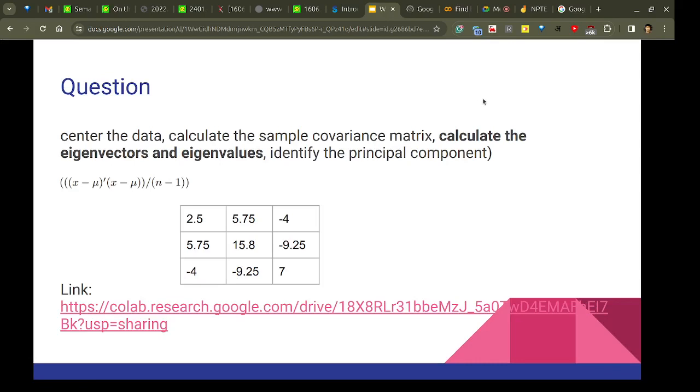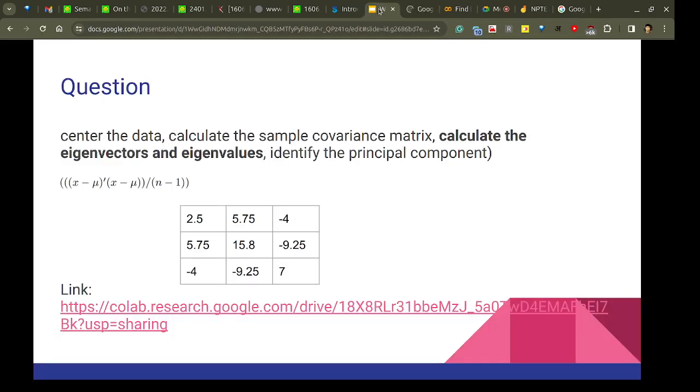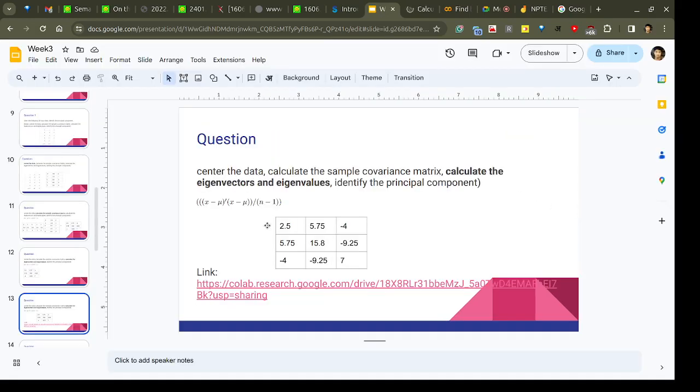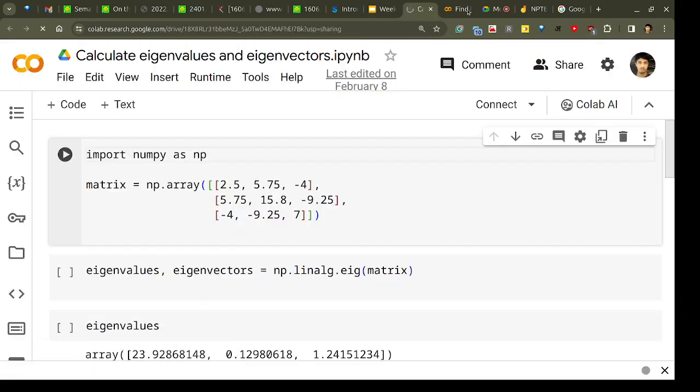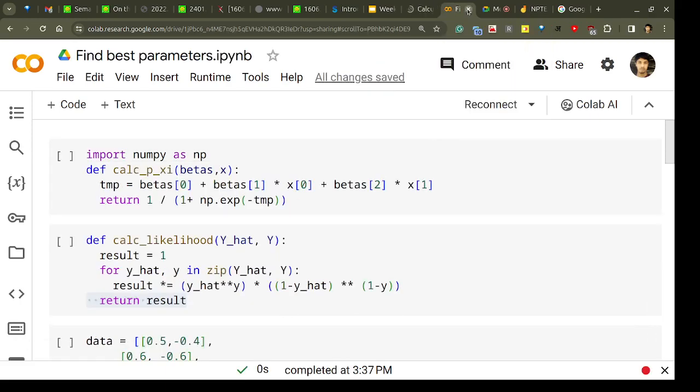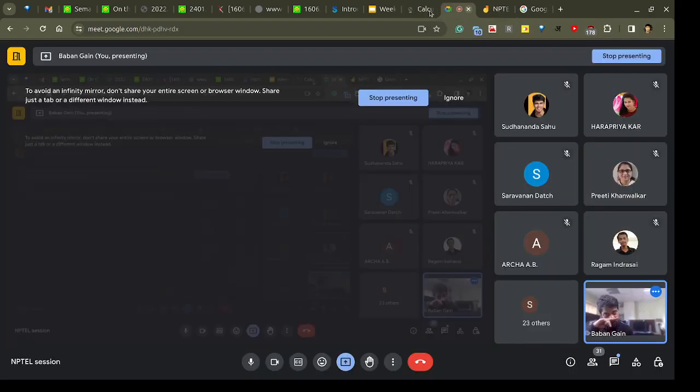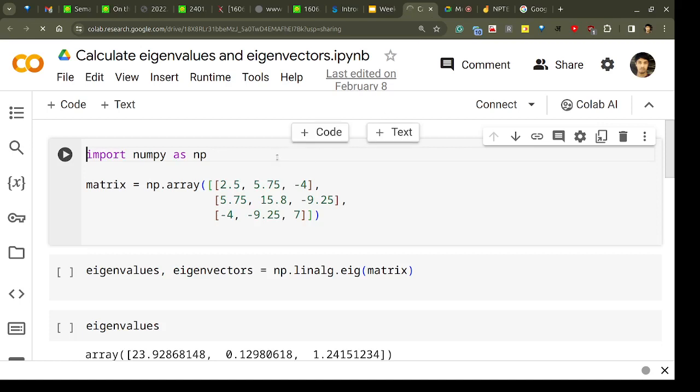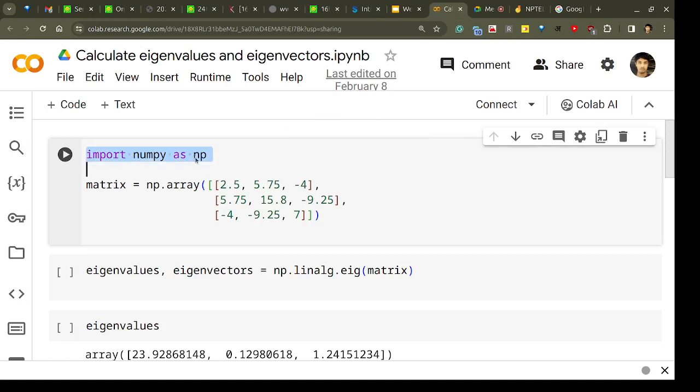Okay. So in this case, the program is opening. Yeah. So again we are using the NumPy library.